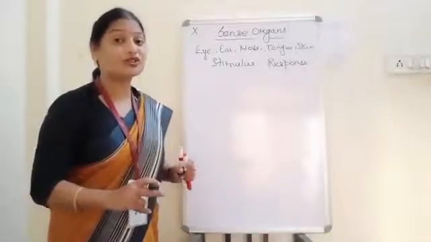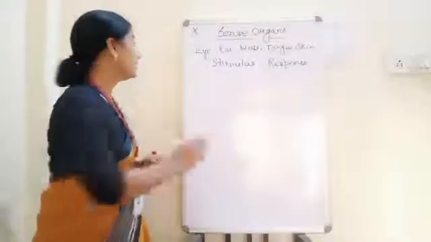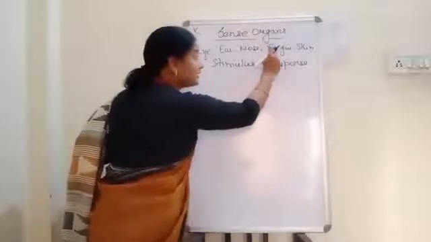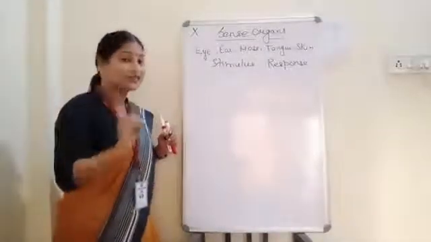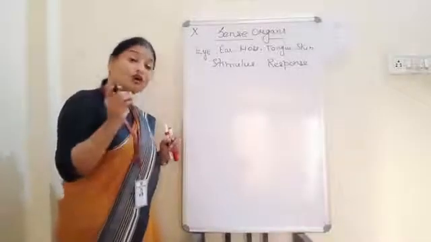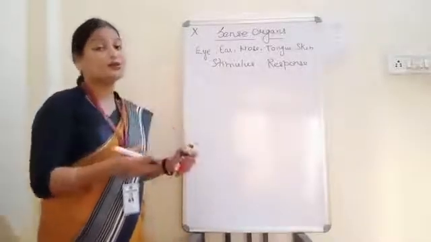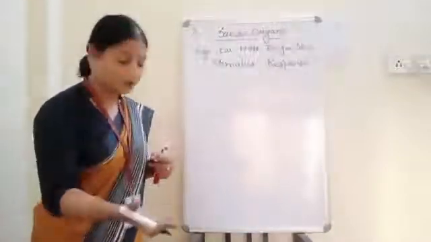We get the stimulus with the help of a few cells. Our eyes, ears, nose, tongue and skin all have a special type of cells. And because of the presence of these cells, they get the stimulus from the environment and accordingly they respond.